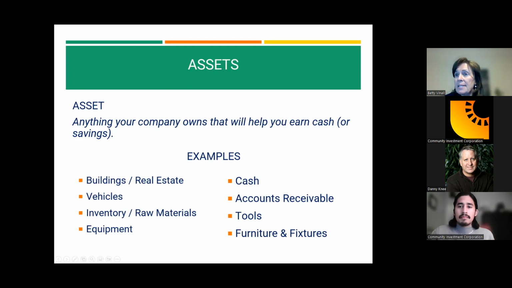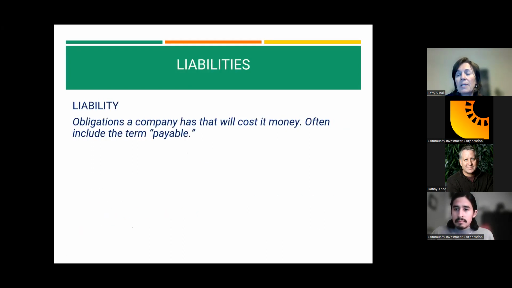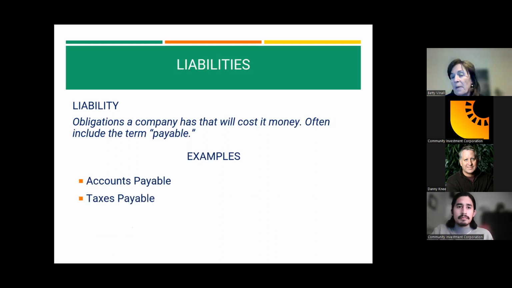The liability section is the obligations a company has that will cost it money, or often includes the term payable, or another way we use it, it's what you owe. Some examples are accounts payable. That would be just your general vendor bills that you have not paid up to that point. So you've purchased something, you owe a vendor for that, and you have not paid it. Taxes payable. This could be sales tax that is due.